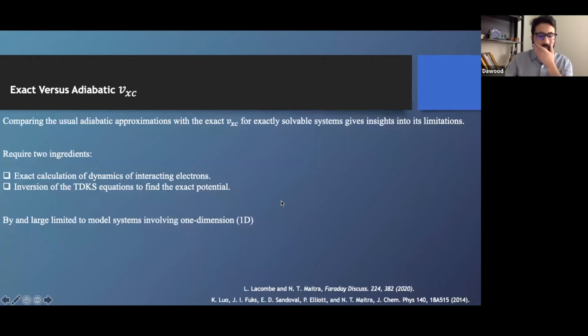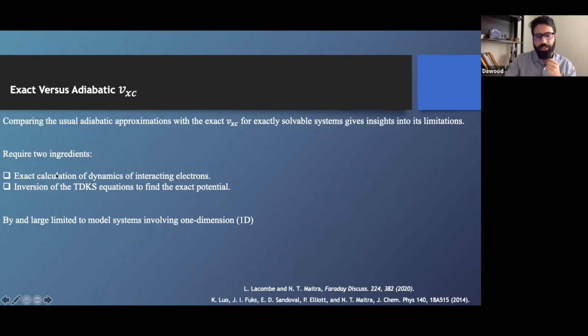So one might then want to know how the adiabatic approximation compares with the exact XC potential. To do that, one usually solves a real interacting system and then compares the results with the approximations for the VXC. But such studies usually require two ingredients.